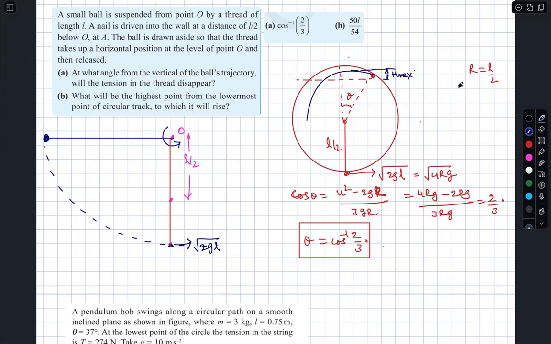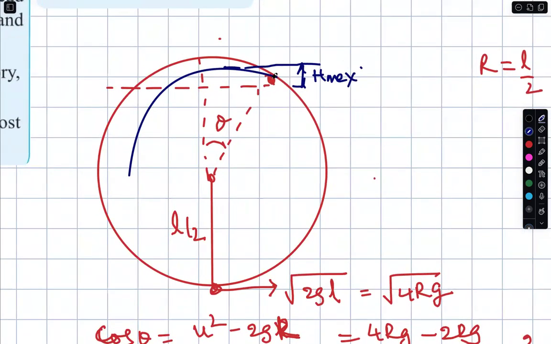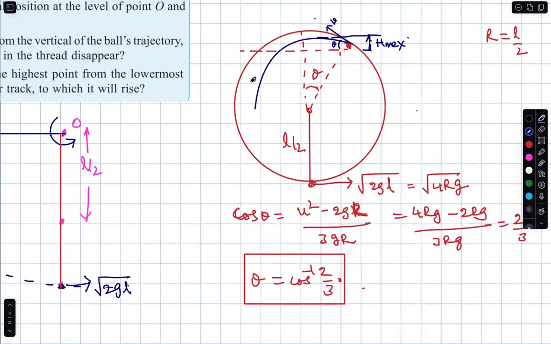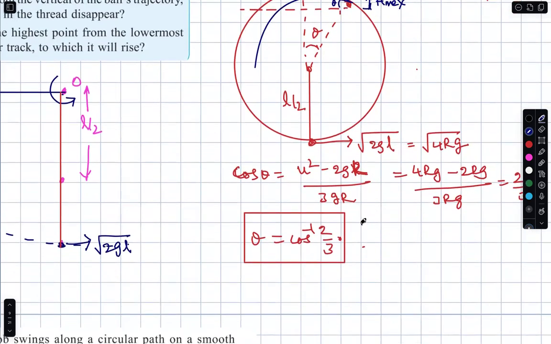Agreed? Now if you zoom this up, at this point some velocity V exists, and they have given formulas for it. If this is theta, now what is the formula for V?